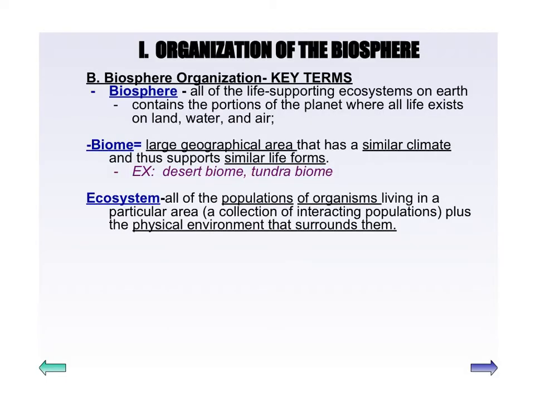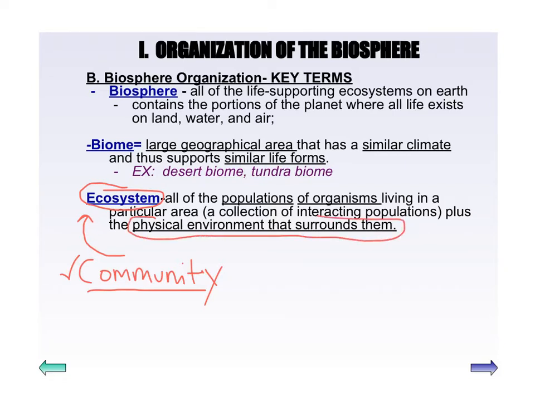All right, so my slides got a little out of order. Our last thing was community. And remember, that is everything living in an area. So not the non-living environment. The next, getting one step bigger, that's called an ecosystem. An ecosystem is the community, everything living in an area, but also we're now including the physical, non-living environment.